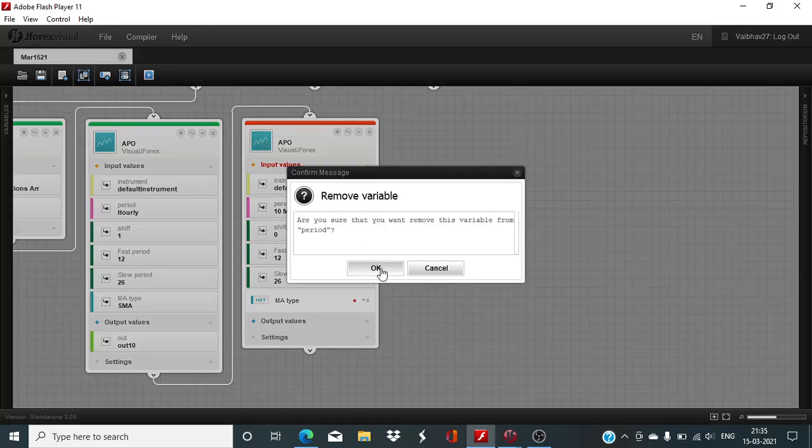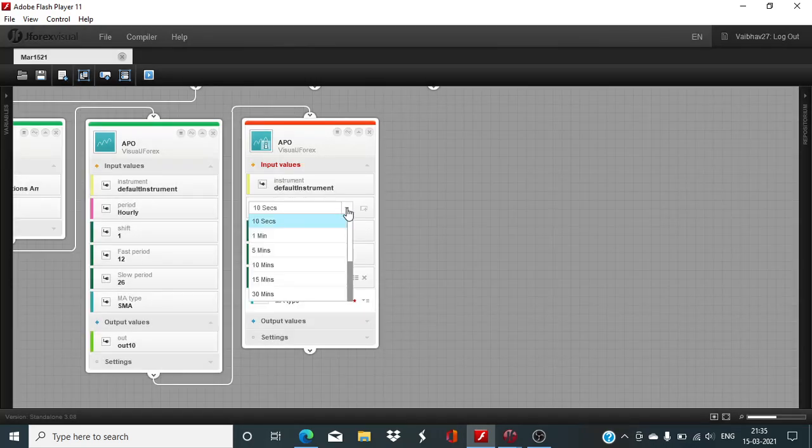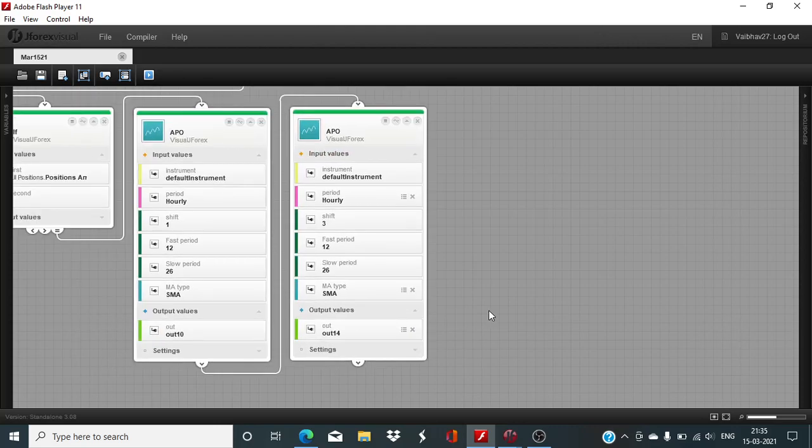First I will change the period for this candle to hourly. Okay, shift will be made 3, and fast period slow period remains the same, moving average SMA, and we have this now out 10 and out 14.